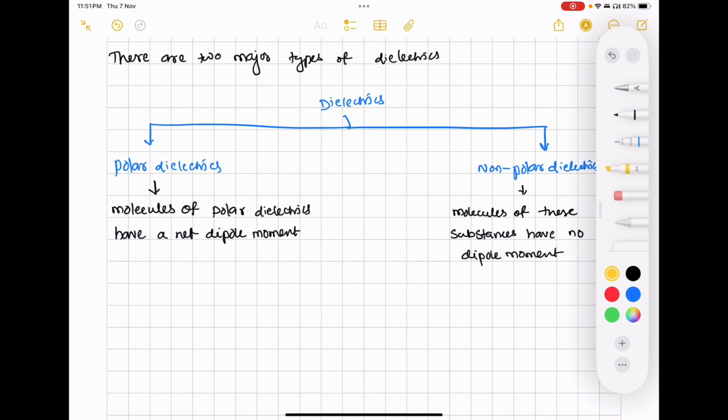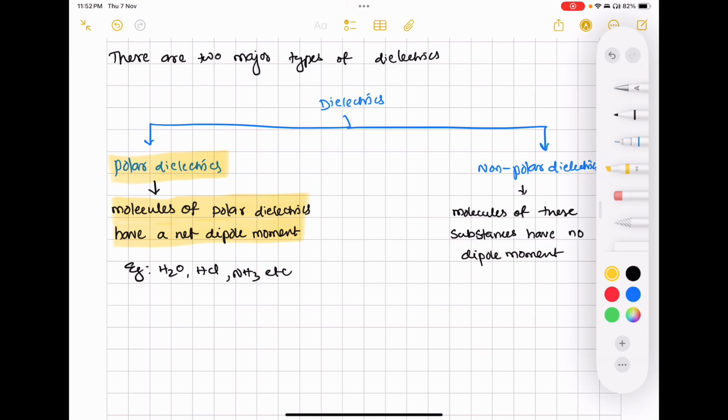So polar dielectrics are molecules having net dipole moment. That is, molecules of polar dielectrics have a net dipole moment. Examples of polar dielectrics are H2O, HCl, NH3, etc. And what about nonpolar dielectrics?